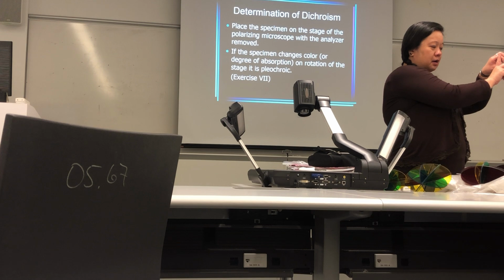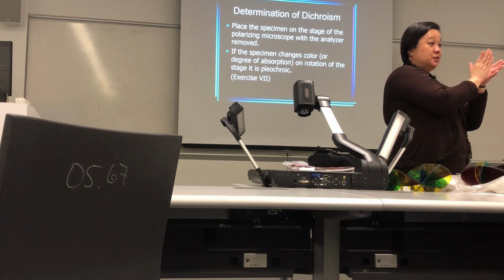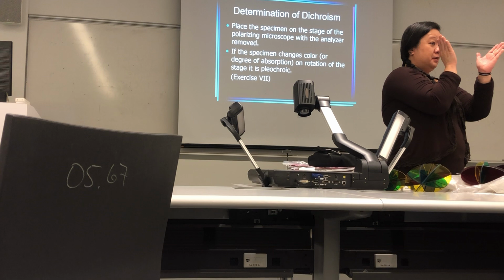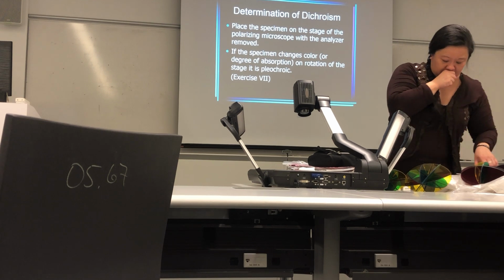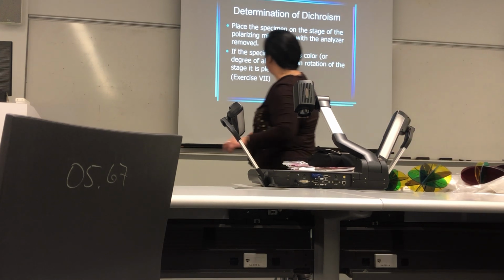The thicker the sample is, the more time the two rays have an opportunity to be heading in different directions. And you'll see a different interference color as opposed to where the fiber is thinner at the edges than at its center. So I'm going to show you some examples of that.